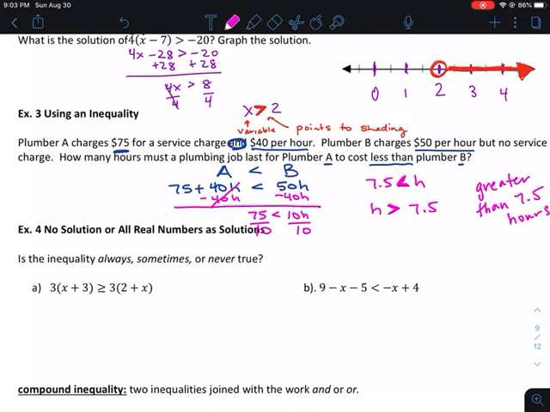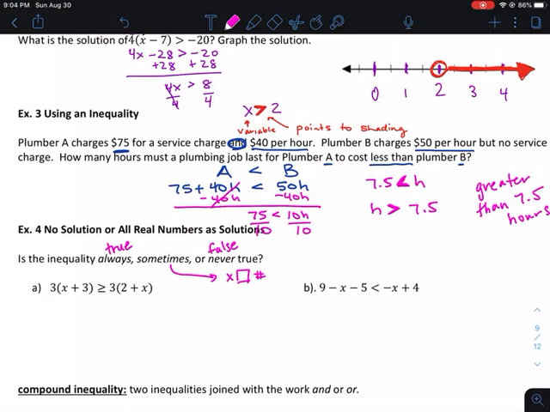It says, is the inequality always, sometimes, or never true? If it is always true, that means it's obviously a true statement. If it's never true, that means it's obviously a false statement. If it's a sometimes, that would be that x compares with a number. Okay, so something to keep in mind.